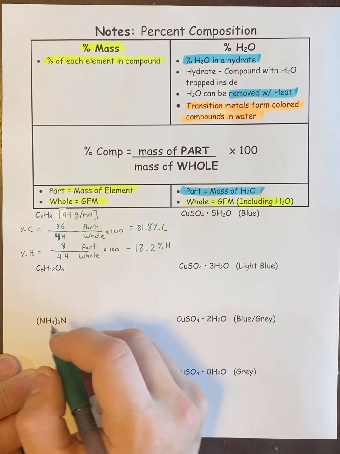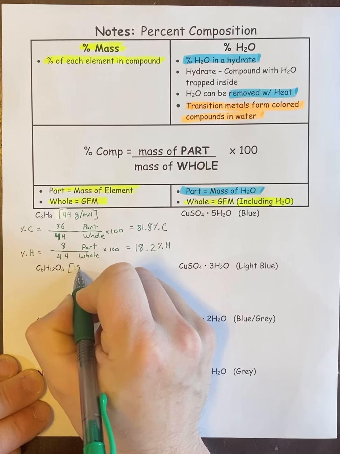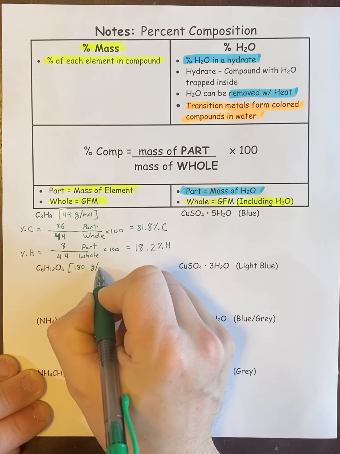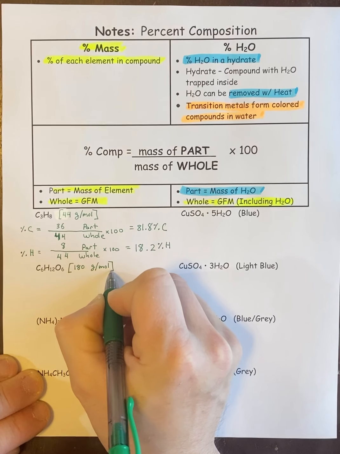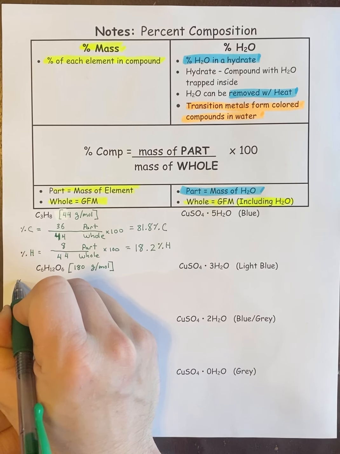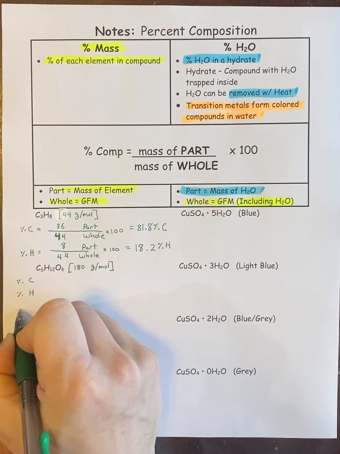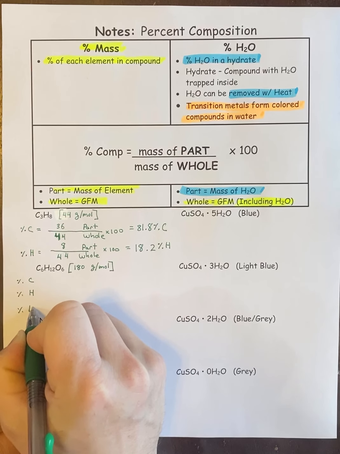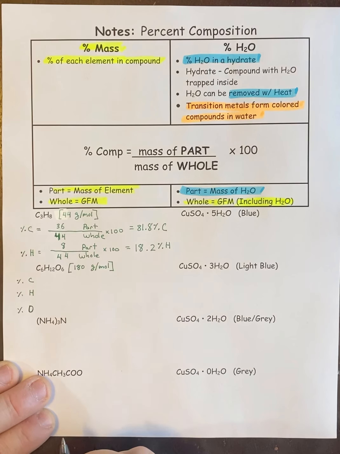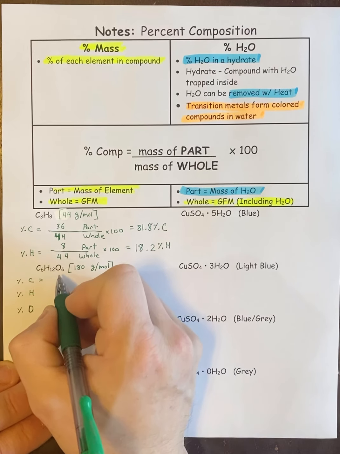So now we're going to do the next one, C6H12O6. The GFM for this is 180 grams per mole. So there's my GFM, and let's do it. We've got my percent carbon, my percent hydrogen, and my percent oxygen. I'm not going to write the whole formula out. I don't have the space, so I'm just going to do the numbers.